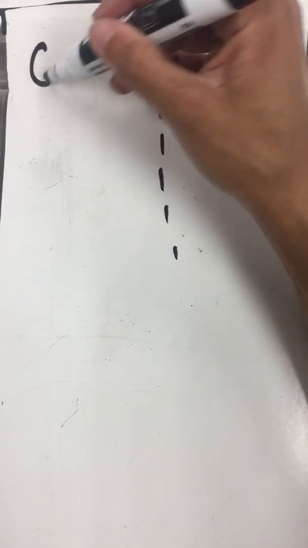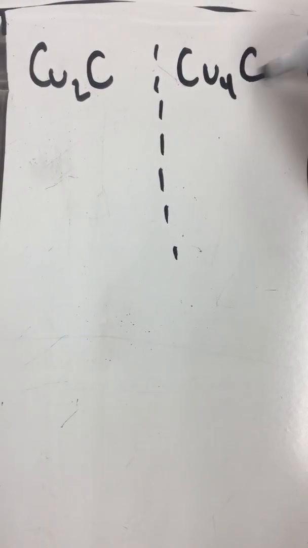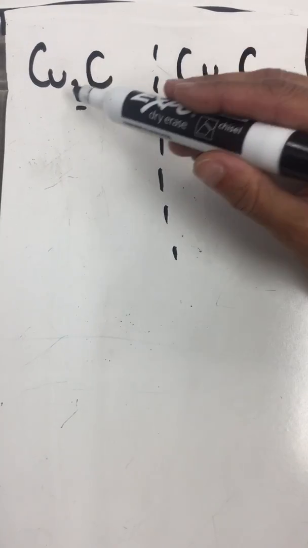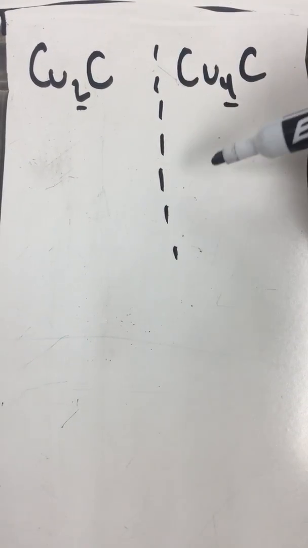So let's take into account 2 different examples. One, we have copper 2 and carbon, and here we've got a copper with a 4 beside it and carbon. Now if you remember where these numbers come from in the first place, these numbers are what were brought down from the charges of each of these elements when we did that cross down.